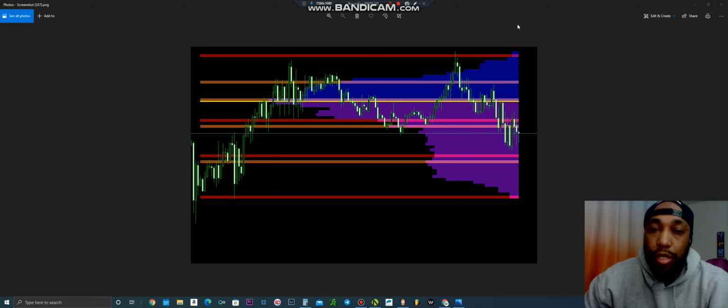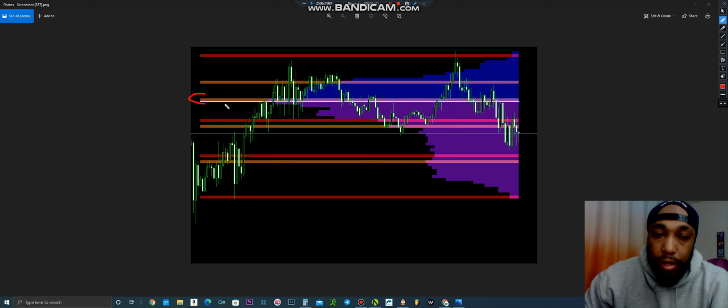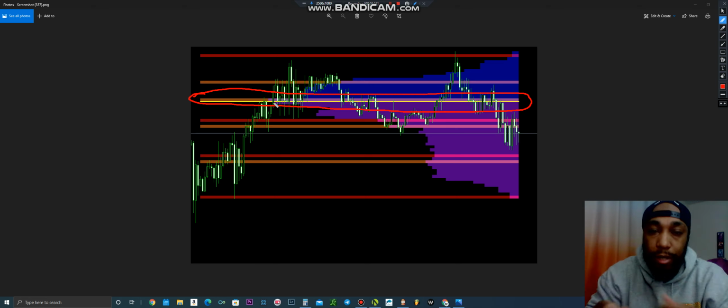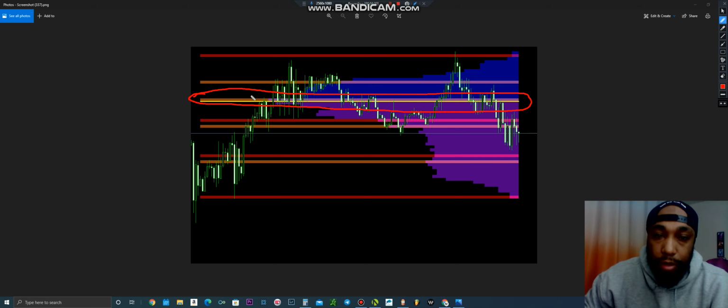I don't use this solely, but I take into consideration the volume point of control and where the fair price is when I'm taking my trades, because I always like to know where the market can go and react the most, because most trades and transactions are being placed around this price level on your volume point of control.